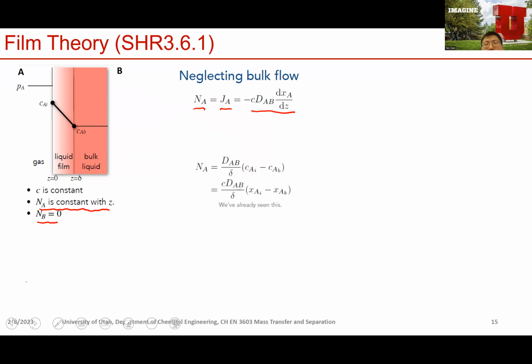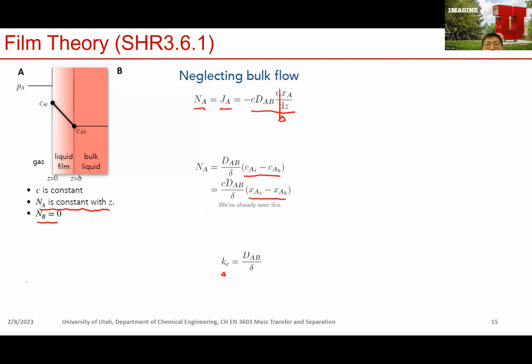Then we can apply the concept of mass transfer coefficient, in which we approximate this derivative, the concentration gradient or mole fraction gradient, by the ratio of the concentration difference divided by the thickness of the film. We can also write this equation in terms of mole fraction. Then we can define a mass transfer coefficient to be the ratio of diffusivity by the film thickness, right?